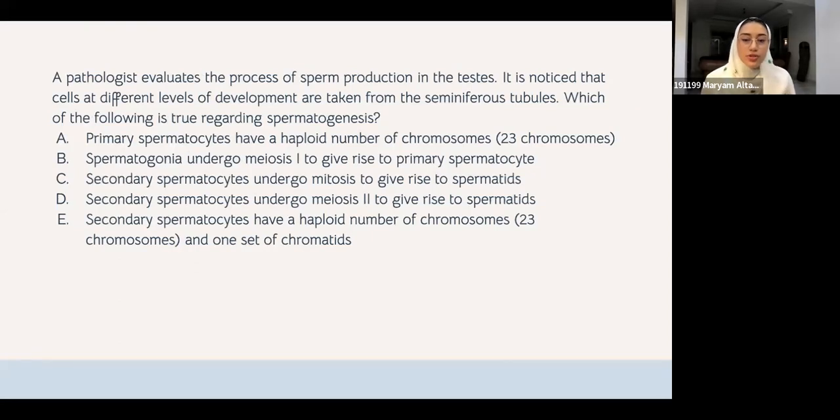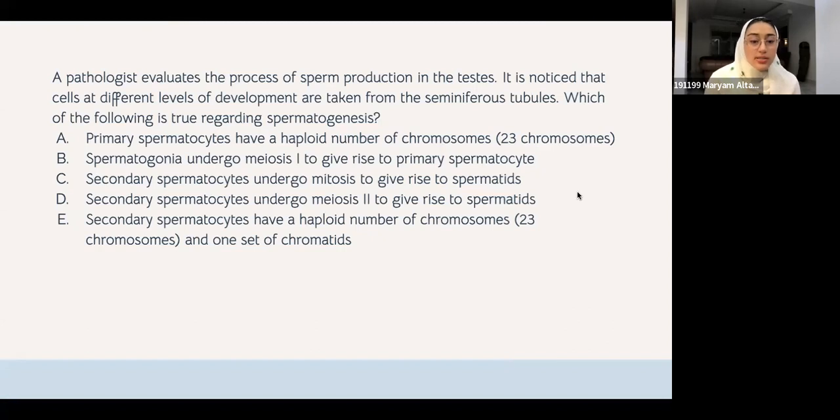Okay, so next question regarding this. A pathologist evaluates the process of sperm production in the testes. It is noted that cells at different levels of development are taken from the seminiferous tubules. Which of the following is true regarding spermatogenesis? A, primary spermatocytes have a haploid number of chromosomes. B, spermatogonia undergo meiosis 1 in order to give rise to the primary spermatocyte.